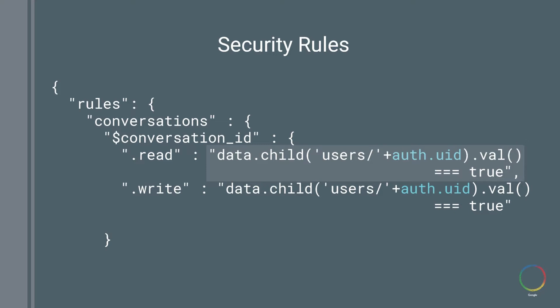Here we define a rule. If and only if the current user, identified by auth.uid, is in the list of users participating in this conversation, we grant them read and write access to the conversation data.